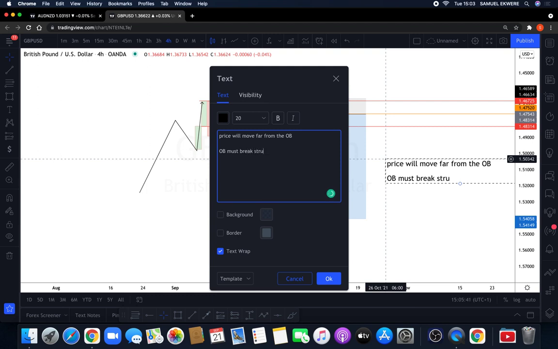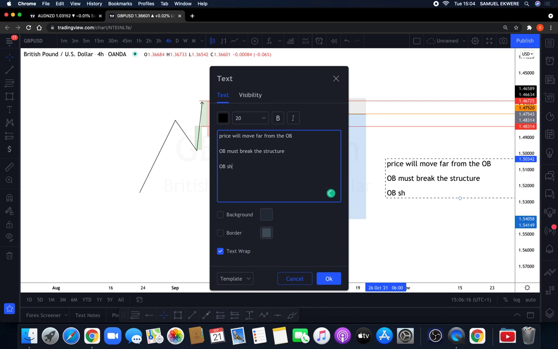So whether a bullish order block or a bearish order block, after creating the order block, they must break structure. Another one is: the order block should be engulfed.